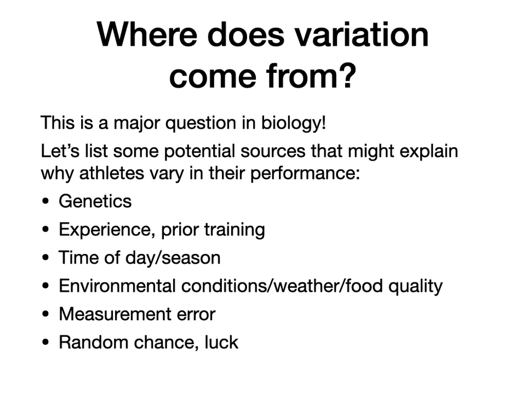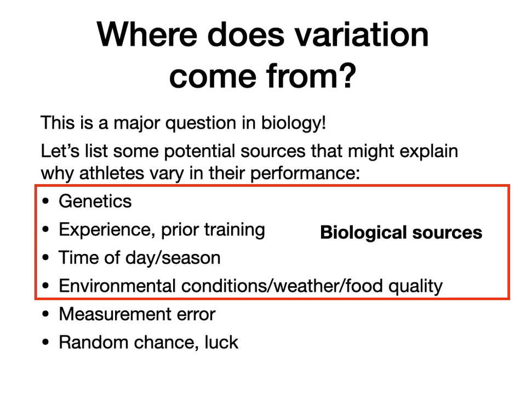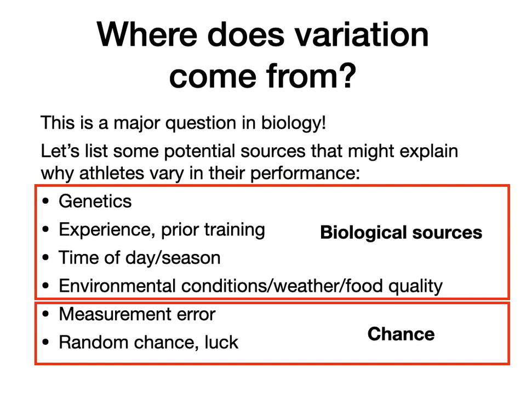It's hard to separate that from environmental conditions sometimes, but you can imagine how, if somebody almost got run over by a car on their way to their race that day, that's a random chance event, but it becomes an environmental effect that might impact their performance at the race. Okay, so we can think of biological sources and chance sources, and sometimes it's hard to discern the difference between these two things.